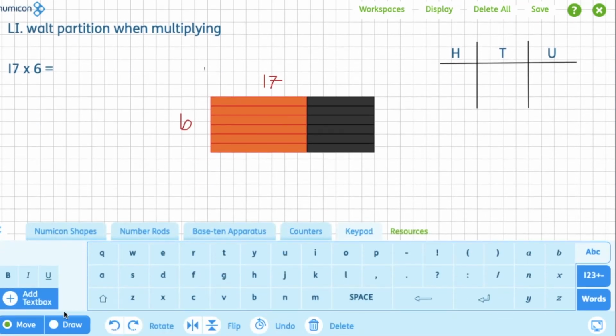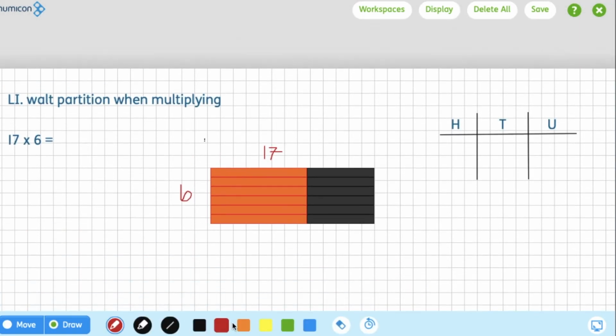And what I'm going to do is partition my number because, again, I don't want to count up 17 in 6s 17 times. So I'm going to just split my 17 into a 10 and a 7 to make my life a little bit easier. And it's really easy to see that with the number rods.